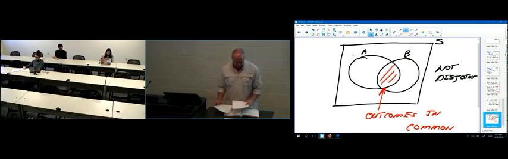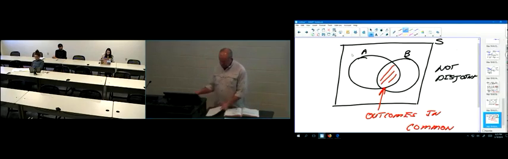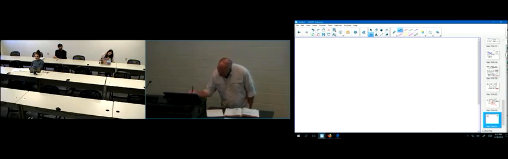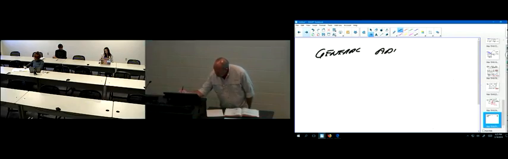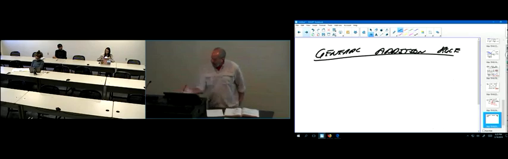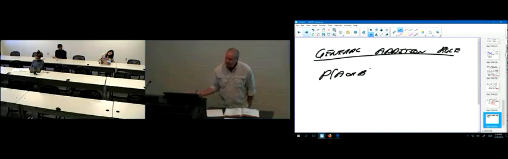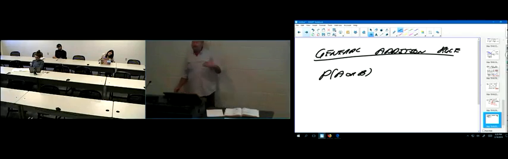Now, I got to write this down for you just because it's here. And we have this general addition rule. Okay? And it goes like this. I have an addition rule for disjoint events, and anytime somebody's talking to you about the addition rule, we're interested in the probability of A or B occurred.